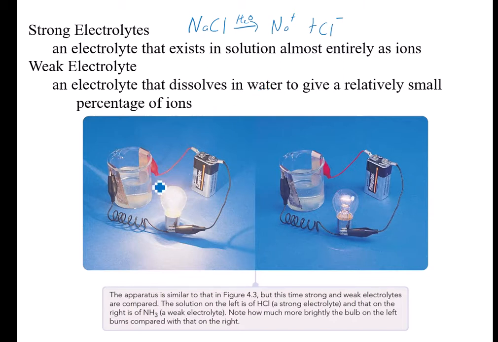And this is hydrochloric acid over here. The one over here that the light bulb is just barely lit is ammonia. I'm going to write it down as NH4OH instead. When I put it into water, this time I have two arrows, one going forward and one going backwards, and so it forms NH4+ and OH-. So some of it forms ions, but the double arrow means that this is also still present in my solution. And you can actually see the difference in the intensity of the light.